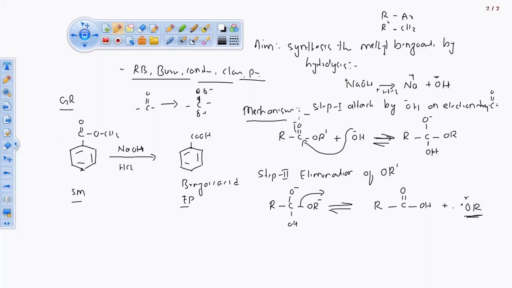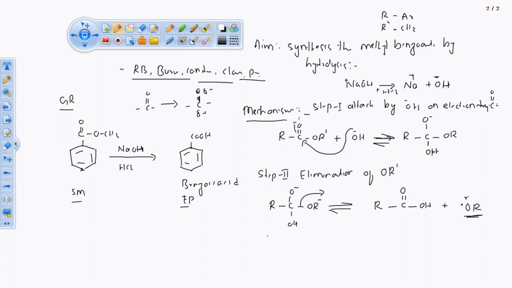This O or R as a free radical is already merged with the benzoic acid. So to remove that OR, we are going to protonate this one. We are going to make a hydrolysis. Now at this step hydrolysis will follow.